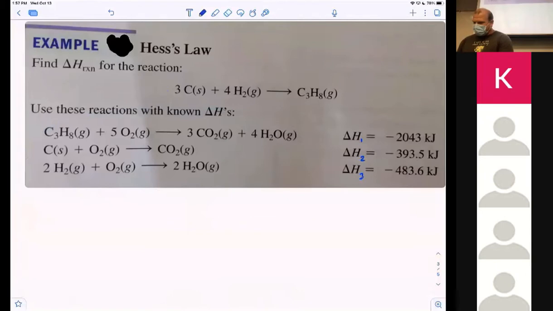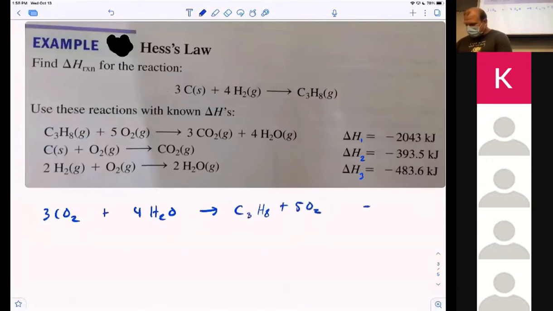And now I look to see where the reactants and products are. So C3H8 propane is on the product side. So I have to flip this equation. 3CO2, I know the states, plus 4 waters yields propane plus 5 oxygens.